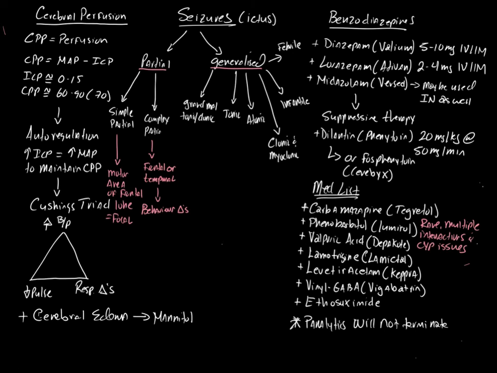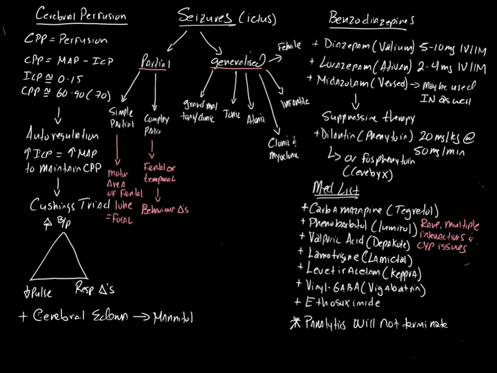Okay, so what happens is as my intracranial pressure increases, my cerebral perfusion pressure is going to decrease, right? There's an inverse relationship there. So, what? ICP decreases? No. Look at the formula. Just write the formula down, right?